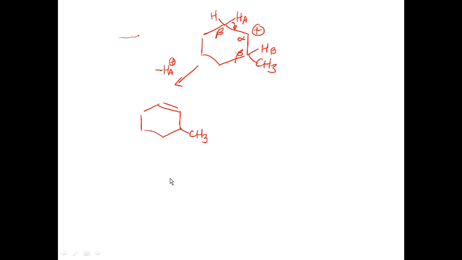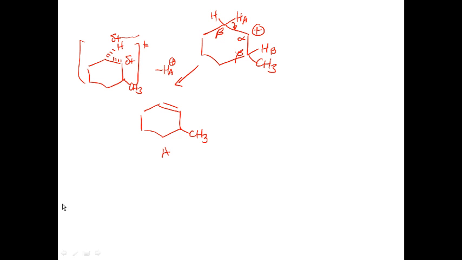If I was going to write the transition state for that step, just to have practice, I would write a partial bond between the carbon and hydrogen, and then my double bond forming, with my delta plus on the carbon and delta plus on the hydrogen. And then down here my CH3. So there's my transition state for forming, let's say, product A.